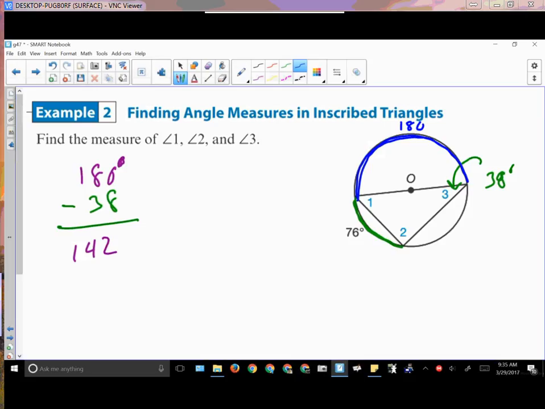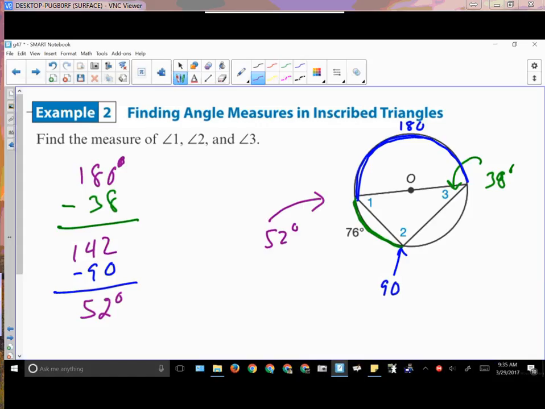So if that's 180 degrees, this down here must be what? 90. So if I take off 90 degrees here, I am left with the grand total of what? 52. So that means that this measure over here must be 52 degrees.